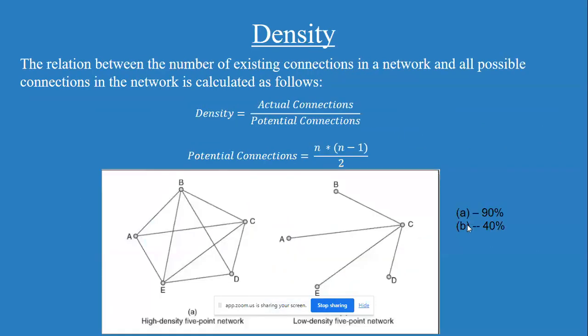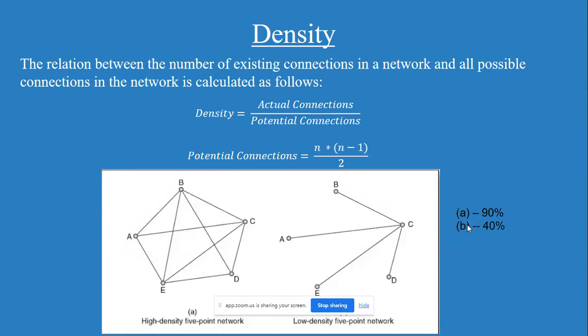Next, we will study density. Density depicts the ratio between the number of existing connections in a network and the total number of potential connections in a network. From graph theory, we know the total number of potential connections can be found with n(n-1)/2.